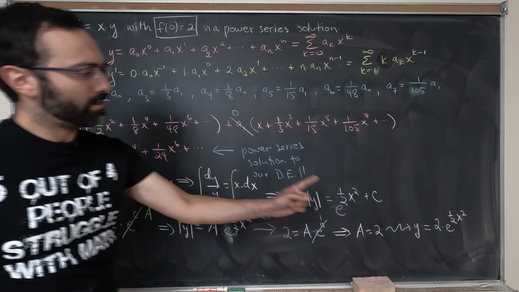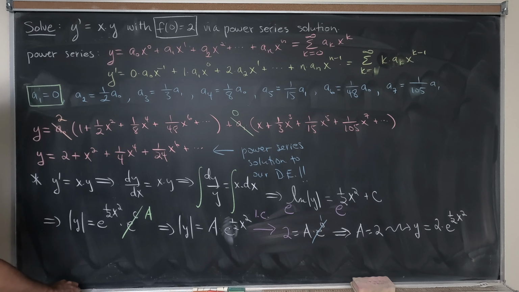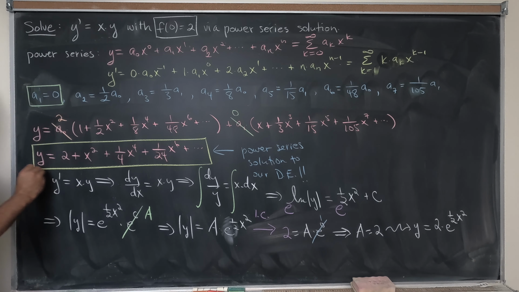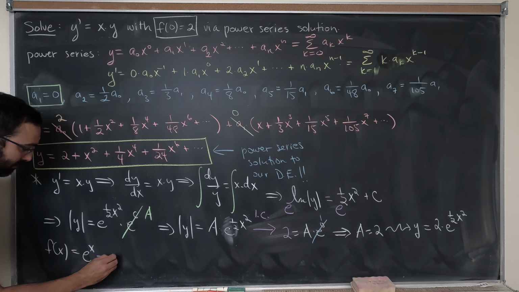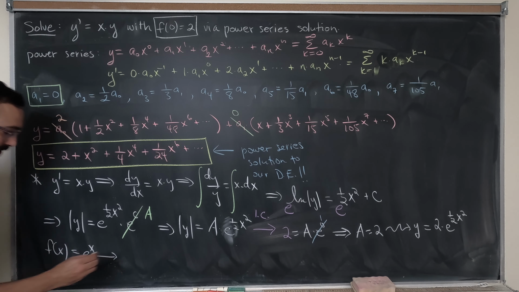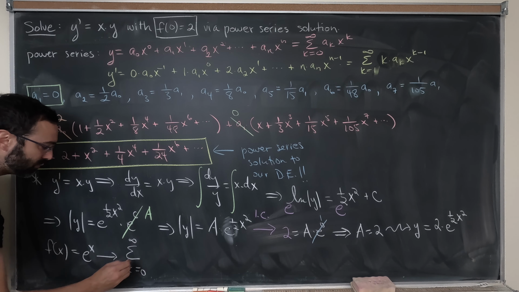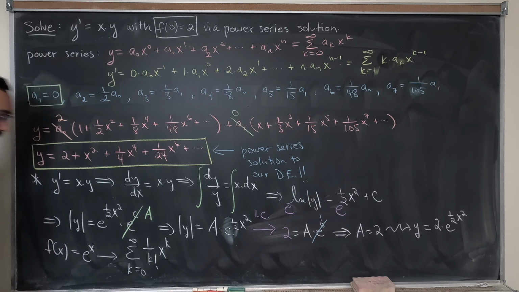Now, is that solution the same as the power series solution that we obtained up here? The power series expansion of f of x equals e to the x is just the sum, as k runs from 0 to infinity, of 1 over k factorial times x to the k.